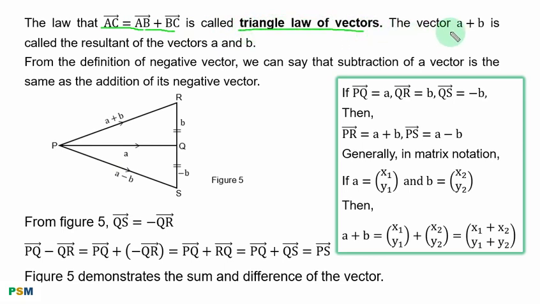The vector A plus B is called the resultant of the vectors A and B.